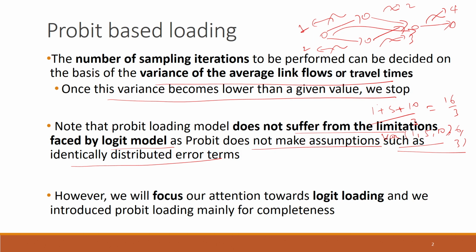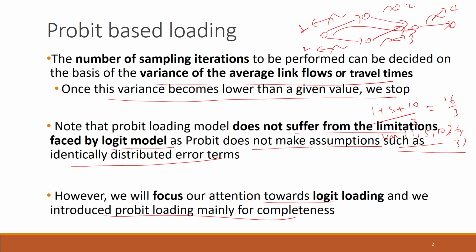but still for our discussion here we will be using the logit modeling only, because this logit based loading has closed form expressions for determining the choice probabilities. Okay, which is not the case for this Probit based loading, because we have to resort to doing this Monte Carlo simulation, which does not have an analytical expression. Okay.